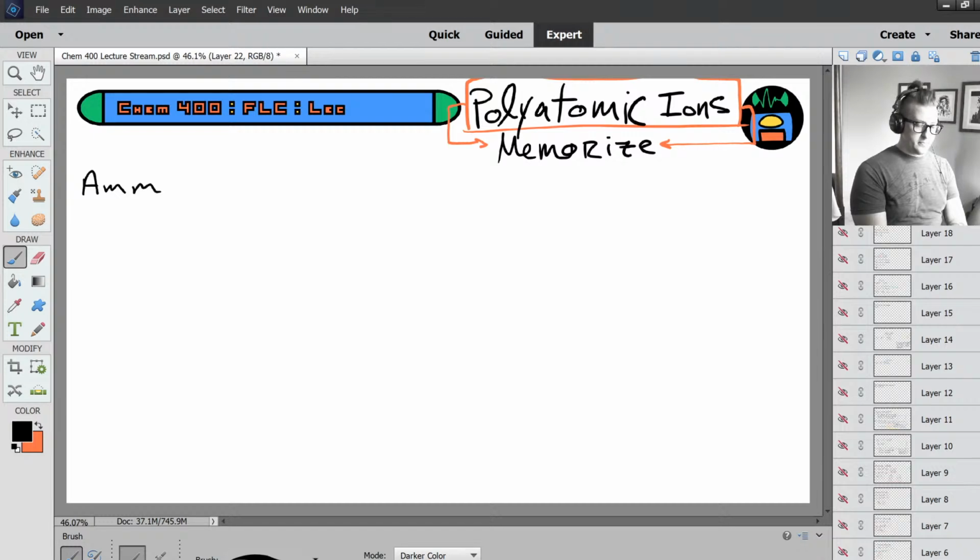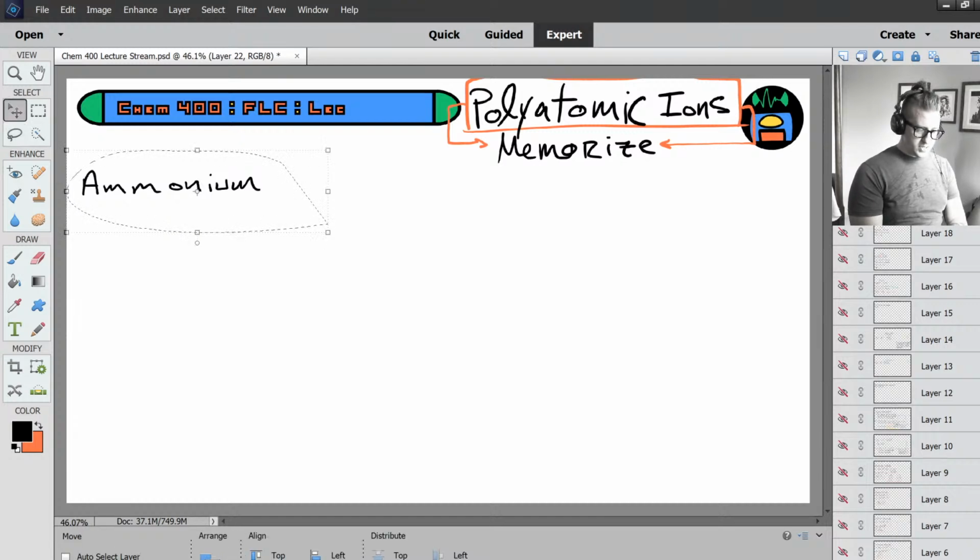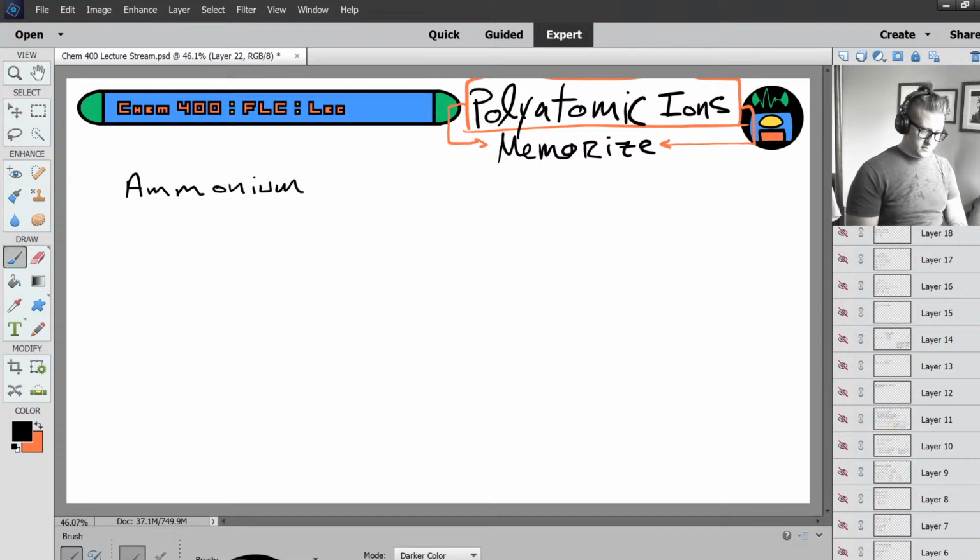The first is ammonium. Actually, I'm going to scoot this over just a little bit. All right, ammonium is NH4 with a charge of positive 1.